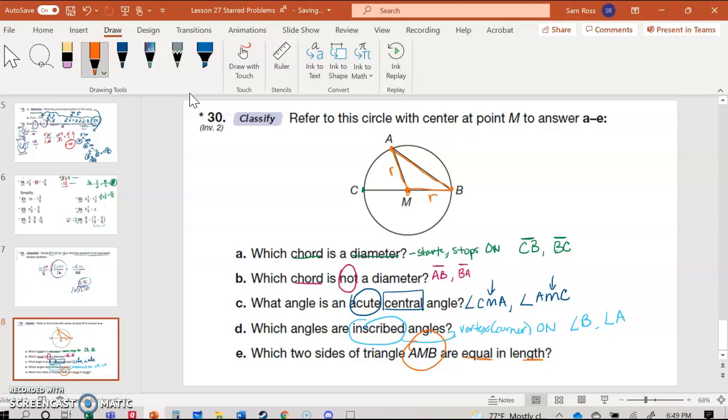So I know that these two sides are the same. This is a chord. I don't know what the length of that is. So I know that AM or MA is equal to MB or BM, whichever way you want to do it.